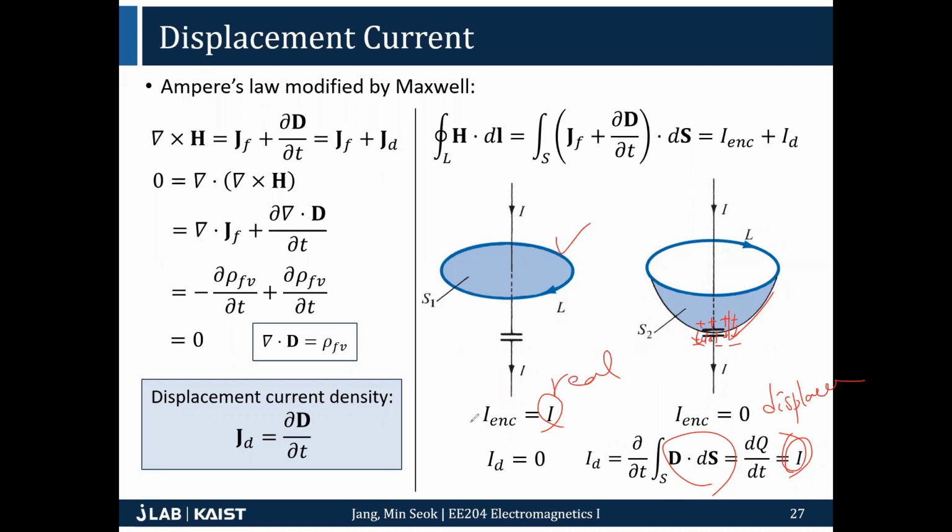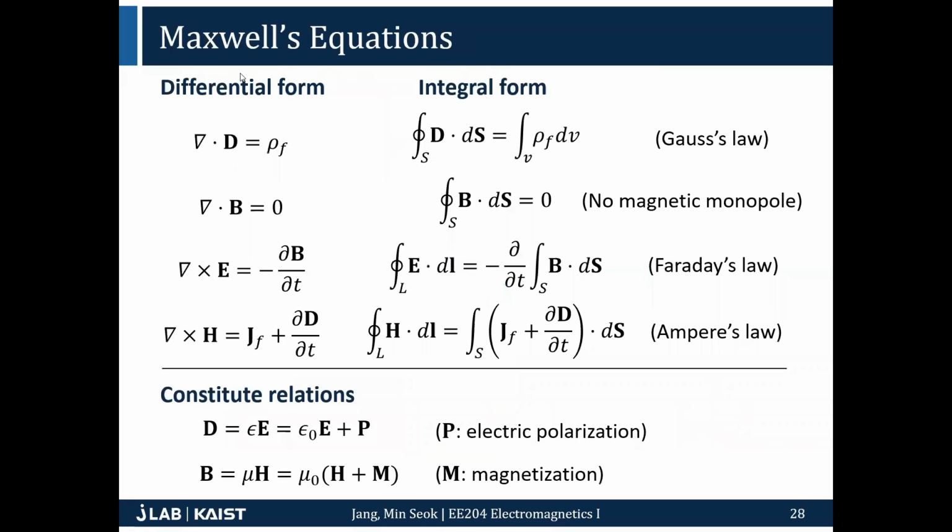In any case, the contradiction has been resolved. We call this dD/dt term the displacement current density, J_D. And it seems more reasonable to do this, because if you look at the full Maxwell's equations, there is dB/dt here: the time derivative of the B field induces an E field in a curly way.